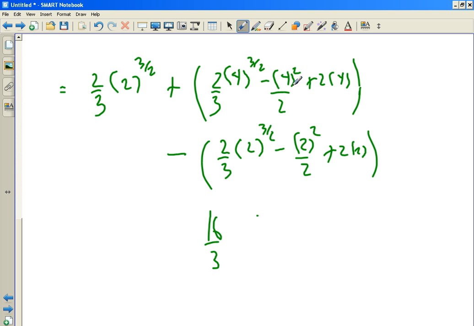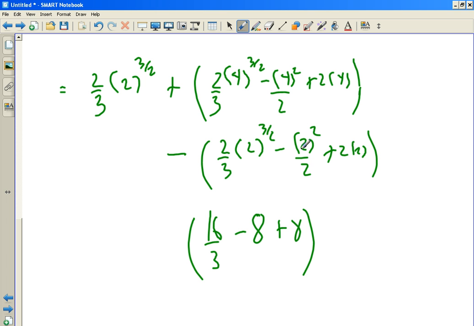What's this thing? 8, right? 4 squared is 16, over 2 is 8, so minus 8. And this is plus 8. All right, so this whole parentheses here is just 16/3. This drops out, this drops out. Now we're going to subtract a negative, which really means add, right?